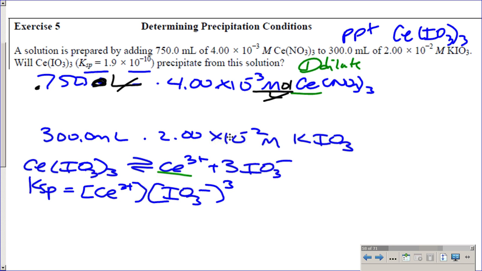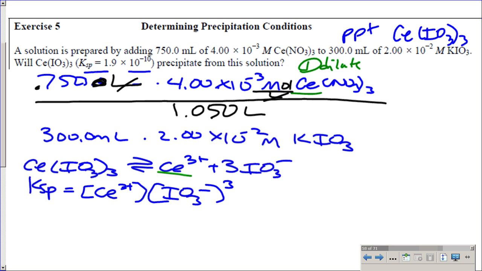My liters and liters cancel out, but I need to take that whole mole number divided by my new liters, which would be what? 1 liter, 0.050. Thank you, I heard you. I just picked it up slower than you said it. So this is the first ion concentration: this many moles, whatever that is, divided by new volume.